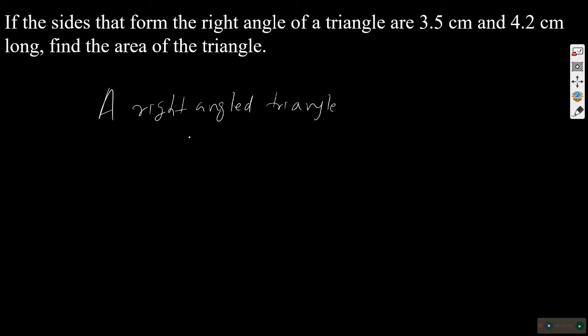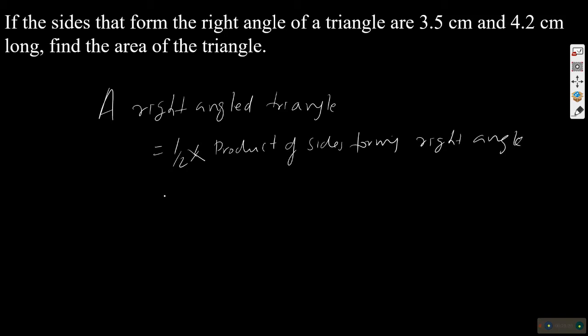You will simply write half into the product of sides forming the right angle. Writing base and height is not necessary. So what you will write, half into, it is given sides that form the right angle of a triangle.